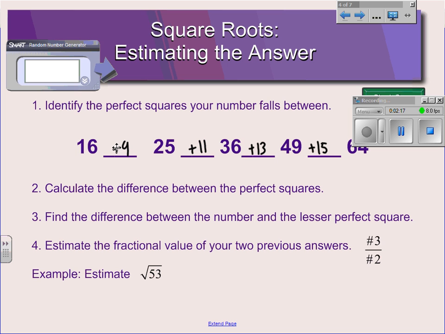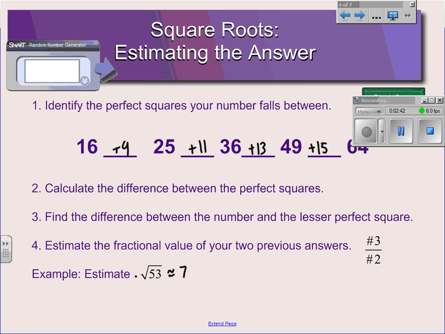Okay, so back to figuring out how to estimate the square root of 53 without a calculator. I look at 53 and I know it falls between 49 and 64. So I know my answer is going to be between the square root of 49, which is 7, and the square root of 64, which is 8. So I expect this answer to be 7 point something.